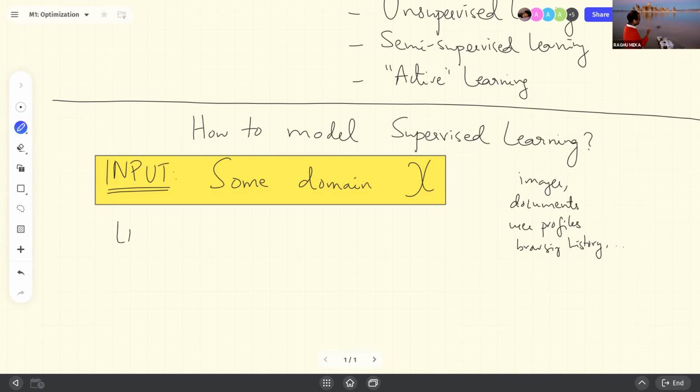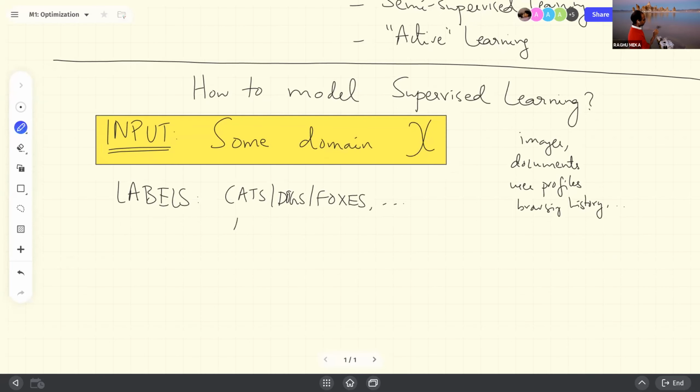And then the other component in supervised learning is labels, right? I want to tell you what each element in this domain is at some level, right? So it could be cats, dogs, foxes, etc. Or it could just be something simple or numerical, like 0 or 1, right?